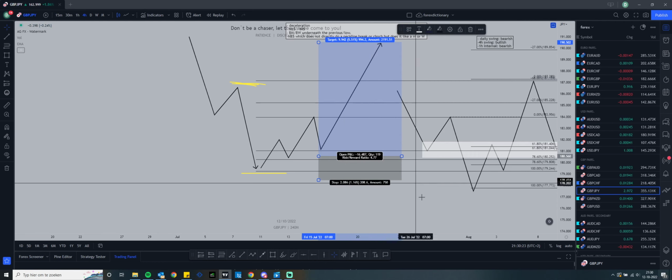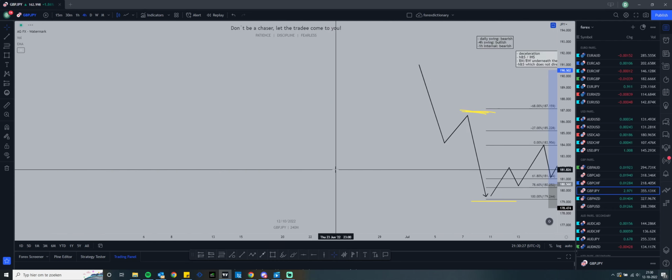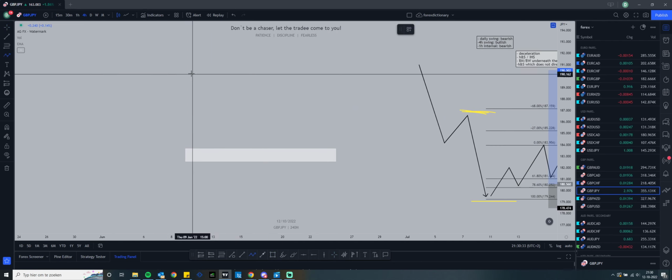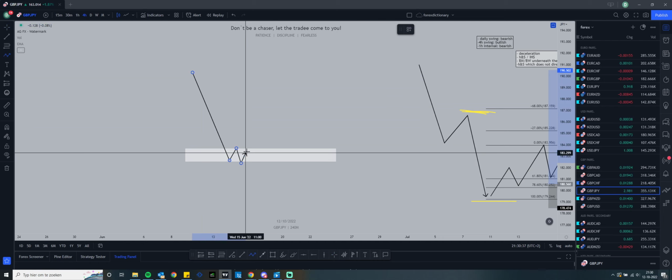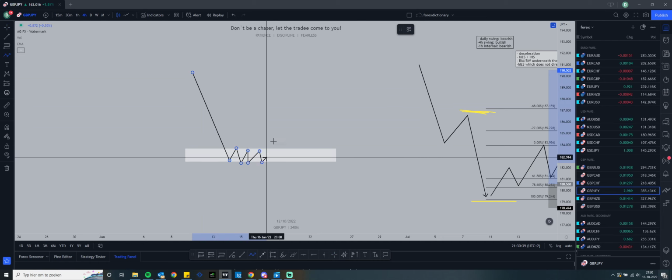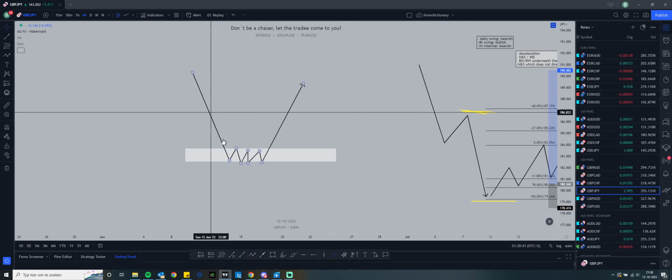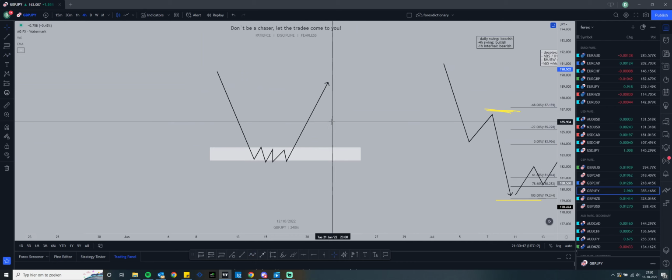So this is also an entry style, and then the final entry style would be: we have our zone, we come back, we tap the zone, and then we go off. So it's like a drop base rally, but you will get it in the form of a deceleration.